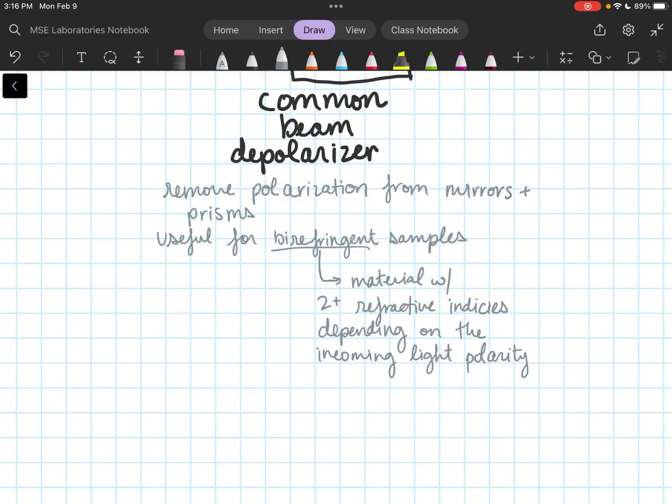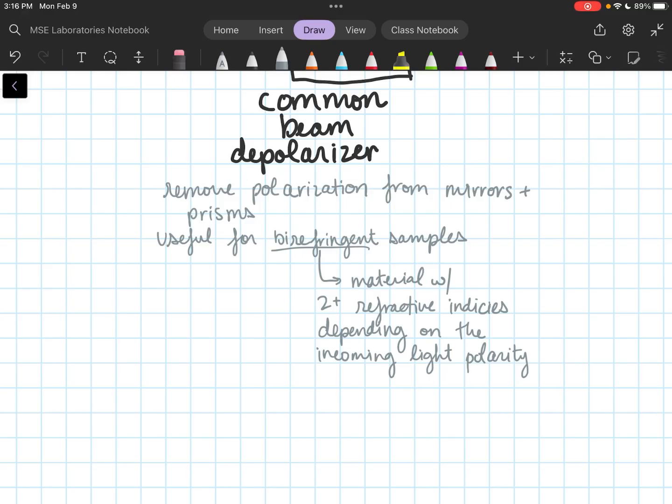So this is a material with 2 or more refractive directions depending on the incoming light's polarity. If you have polarized light in only one direction, it's going to scatter the light in different discrete directions depending on that polarization. Again, really broad terms. If your material interacts with polarized light, we have the option to make sure that it is not polarized.